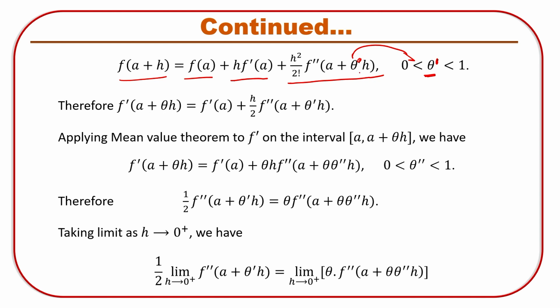So, f double dash of (a plus theta h), with theta from 0 to 1, you may take this one as theta only. So, f dash of (a plus theta h) is equal to f dash of a plus h by 2 factorial f double dash (a plus theta h).